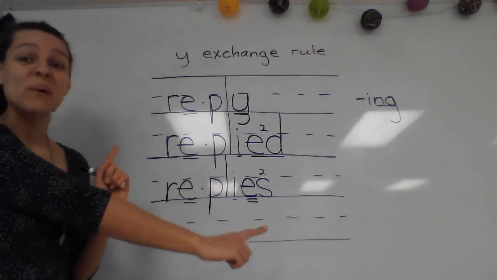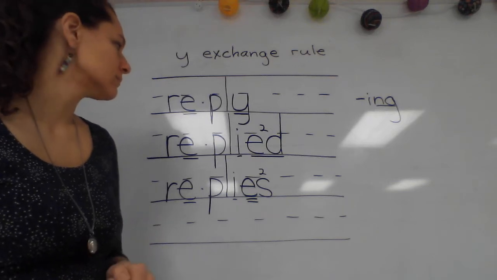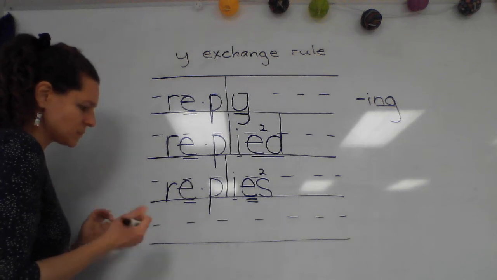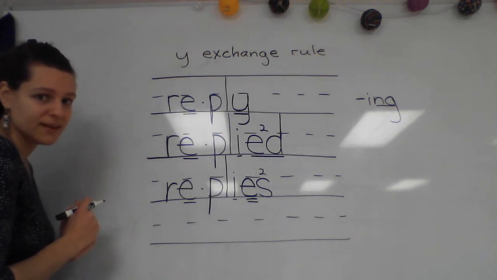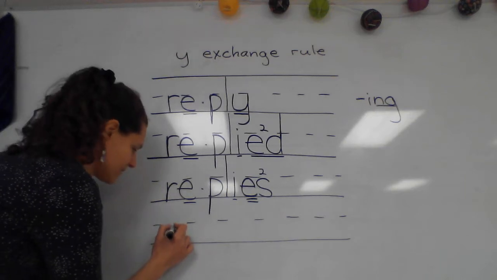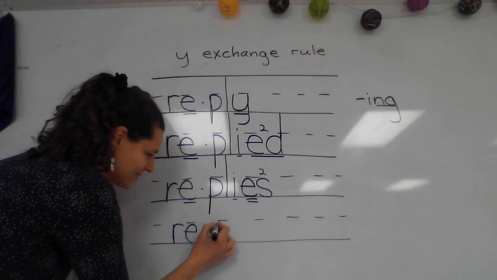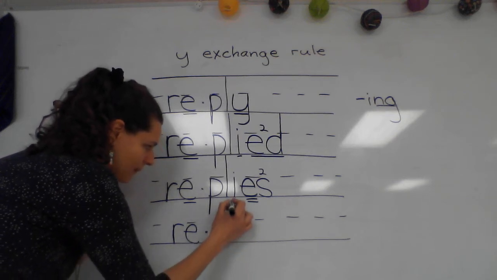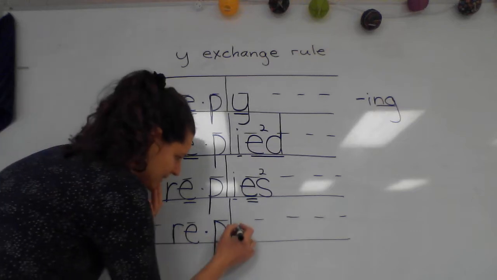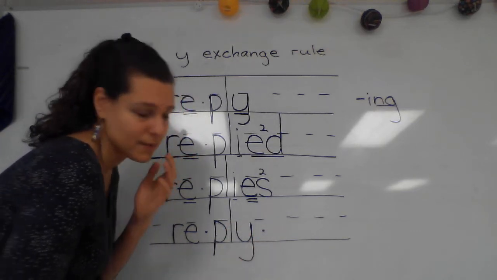Make sure it gets its own syllable. All right, class, what's your first syllable? Good, re. How about your second syllable? Good, ply. Do I do the Y exchange? No, I sure don't. And my third syllable. Good, ing.